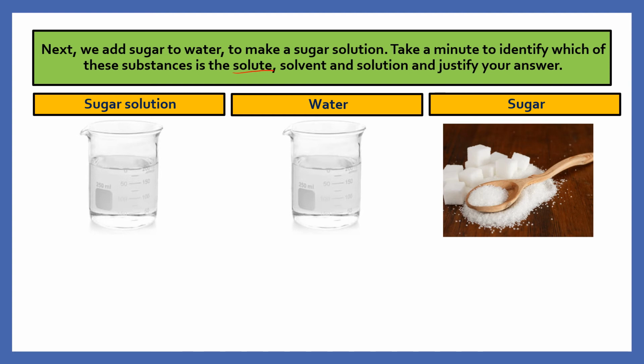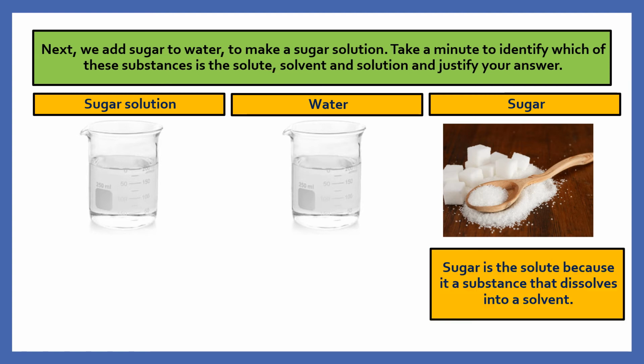The solute is going to be a solid thing that is dissolved into a solvent to form a solution. So out of the three substances, the solid thing that I'm going to dissolve is the sugar. So the sugar is a solute because it is the substance that is going to dissolve into my solvent.